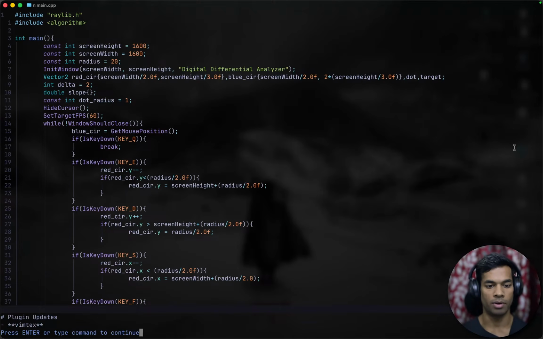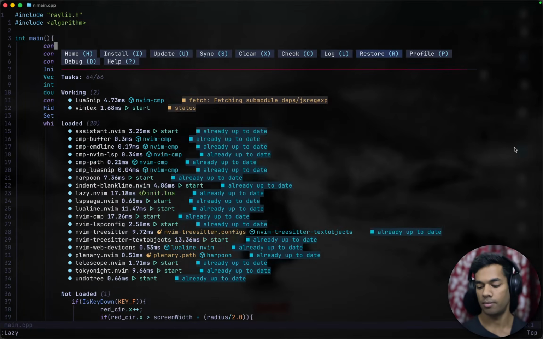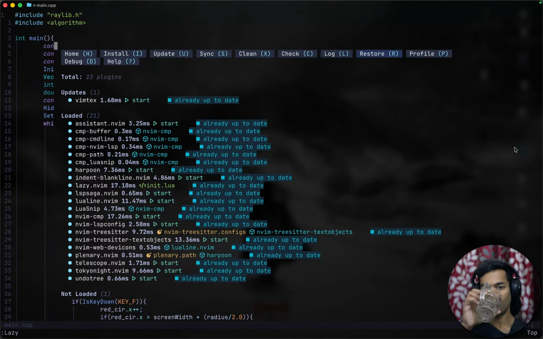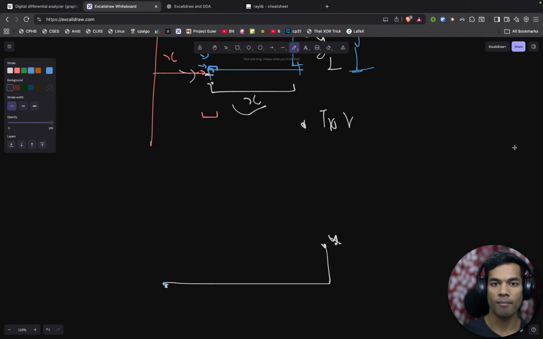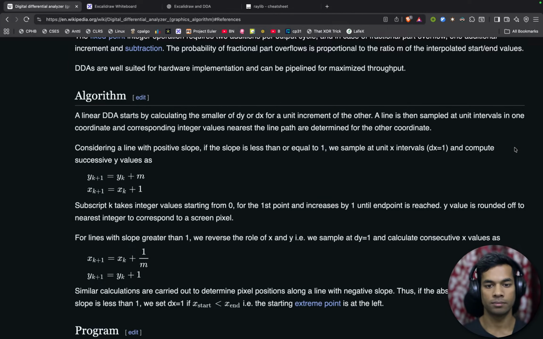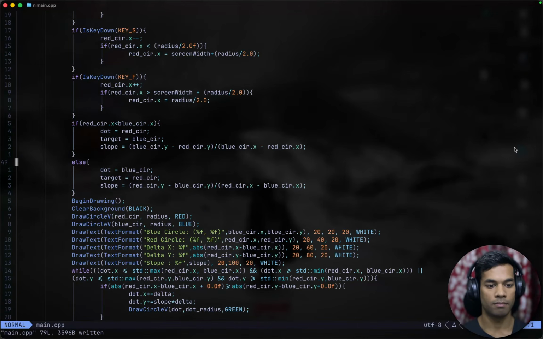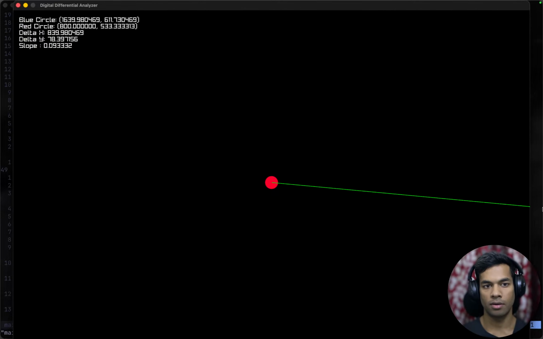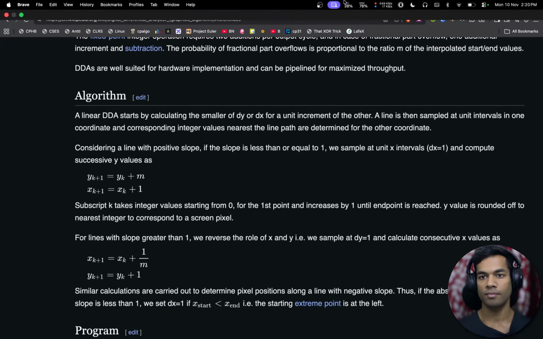Close and open. Some updates in lazy. Okay. And are we going to get stuck? Okay, yeah, we are not getting stuck. That is nice. Not very nice. We are getting stuck.